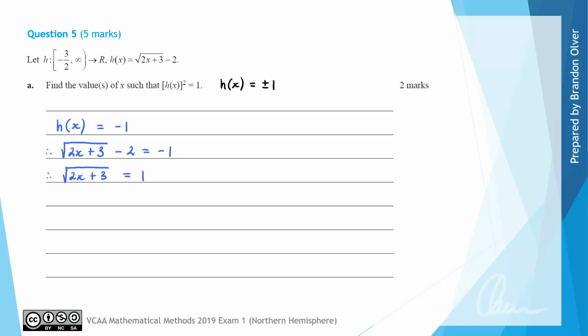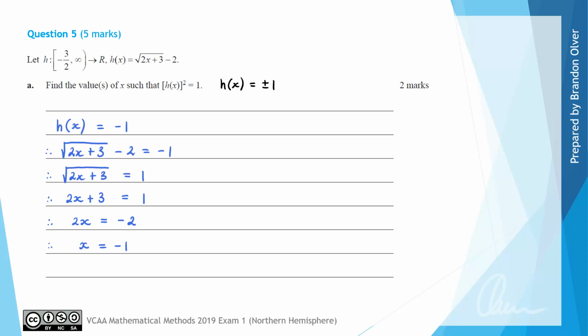If we square both sides, we have 2x plus 3 on the left-hand side, and 1 squared is still 1. So we require 2x plus 3 to equal 1. Subtracting 2 from both sides, 2x must equal negative 2, and therefore x must equal negative 1 as a possible solution.